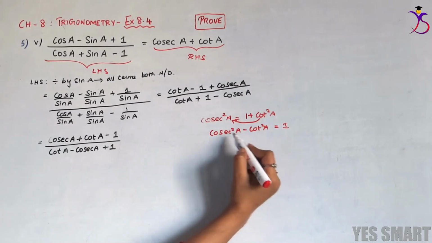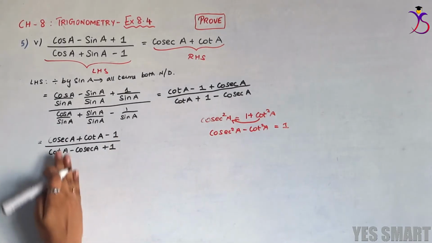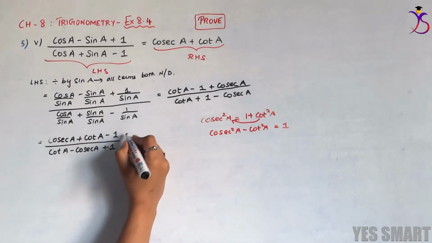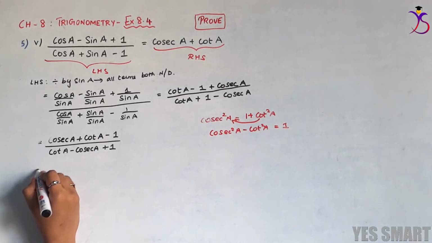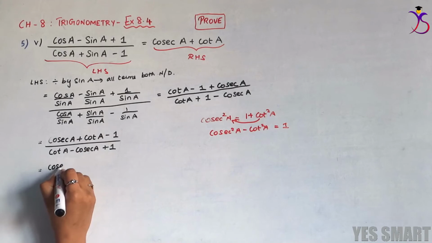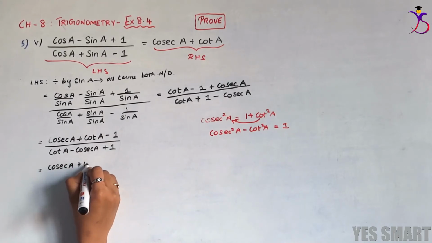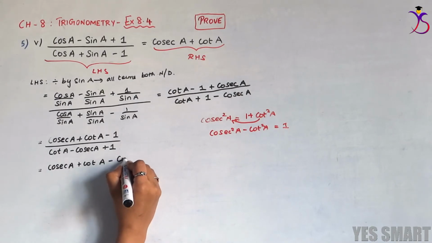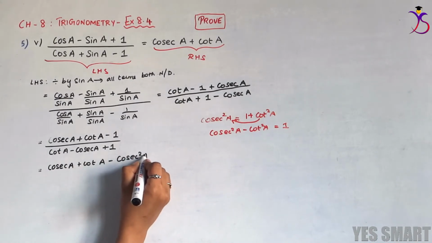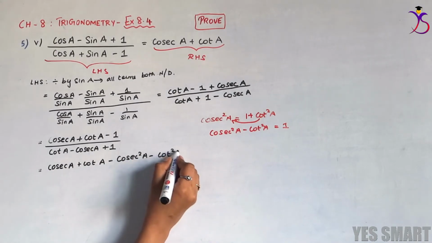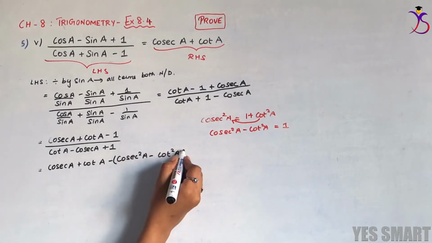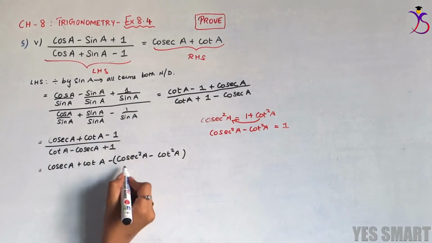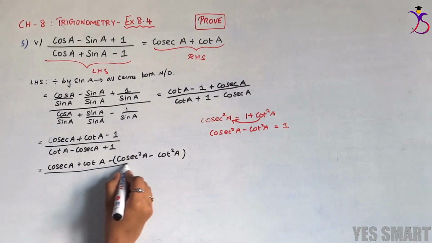So instead of the 1 in the numerator, I am going to substitute this value. Hence the numerator becomes cosec A plus cot A minus cosec square A minus cot square A. Instead of the 1, I have substituted this value, divided by the denominator which remains the same.